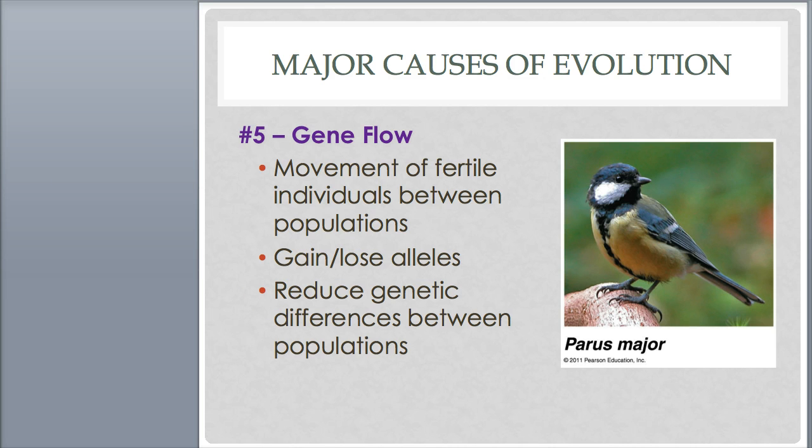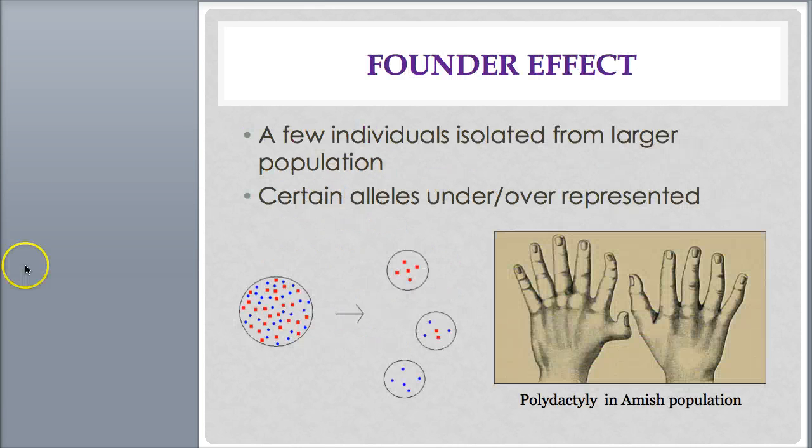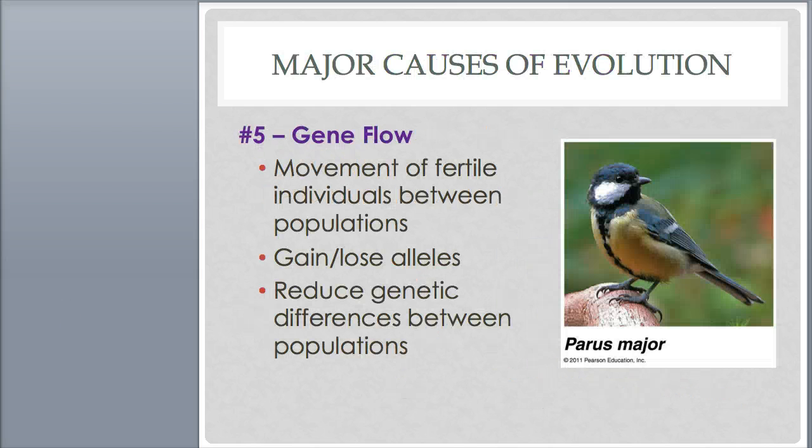So say for example, if I go backwards to our founder effect, it's as if these red ones and blue ones sort of move within the population and they become less distinct. What if everybody became pink all of a sudden? That's called gene flow, a movement of fertile individuals between populations, and the genetic differences inside of it are sort of reduced.